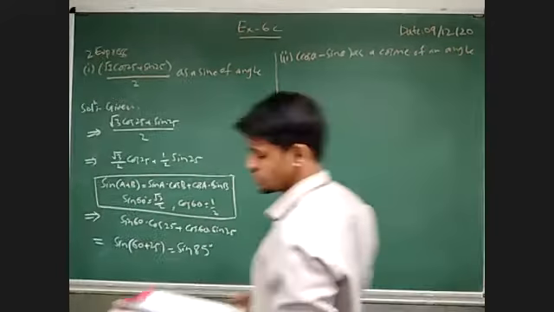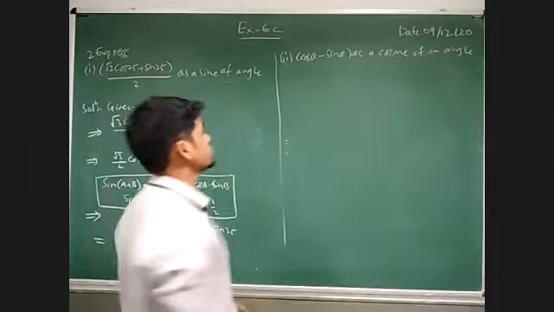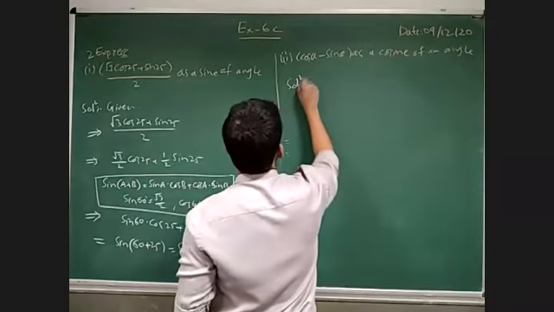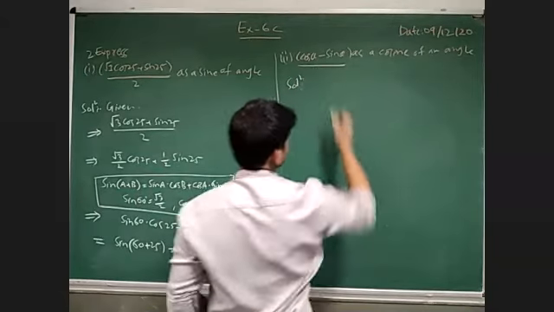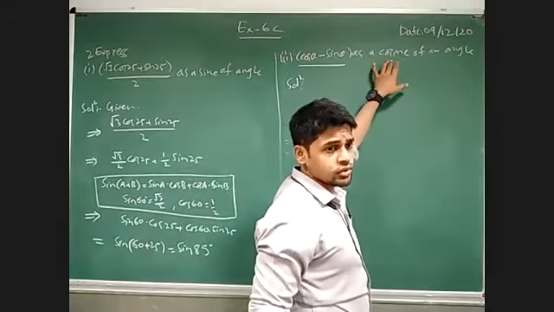Okay, cosine of an angle. Boys, this question I'm going to give you as homework. In this question, you just have to write the solution. This is given and you have to form it into cosine form.